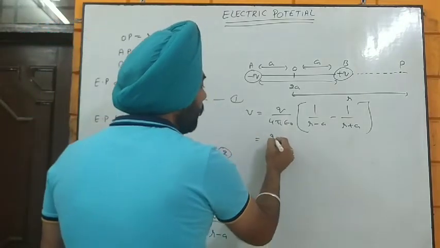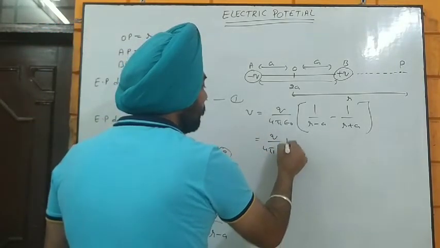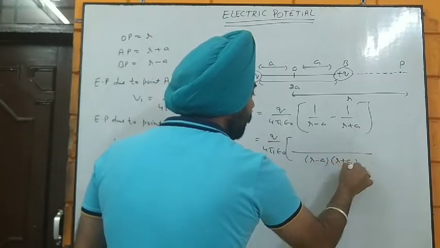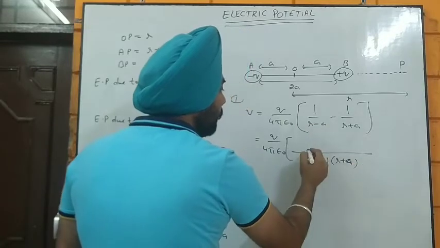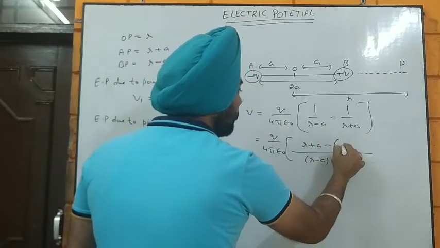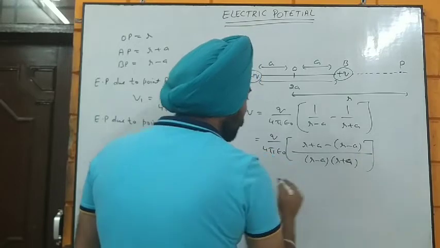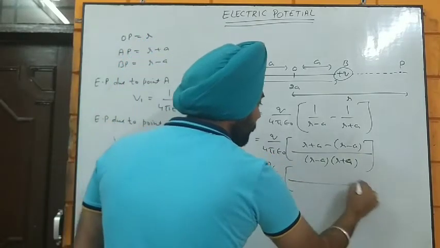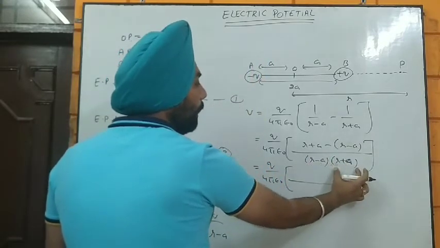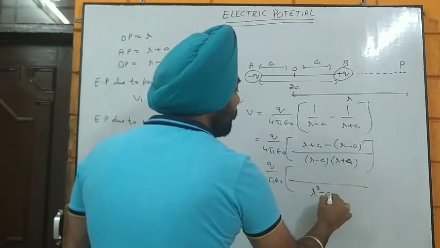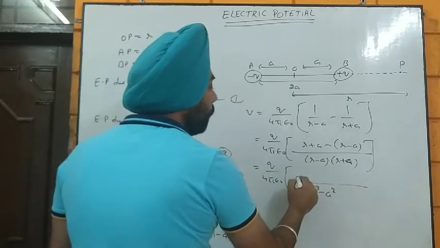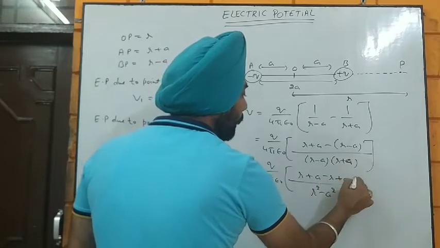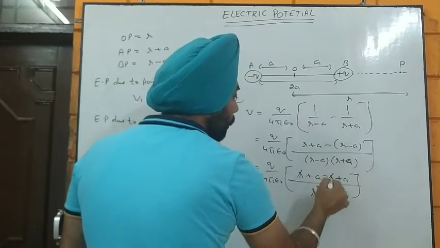Now solve it very easily. We are just taking the LCM here, so R minus A into R plus A, and the numerator is R plus A minus R plus A. By opening these brackets, the denominator is of the form (A minus B)(A plus B), so R square minus A square. In the numerator, the R is going to cancel out.